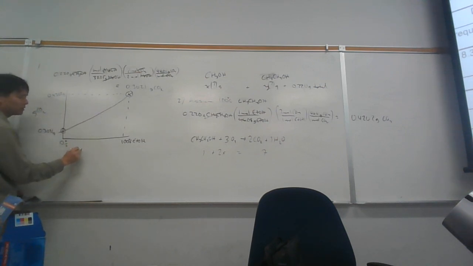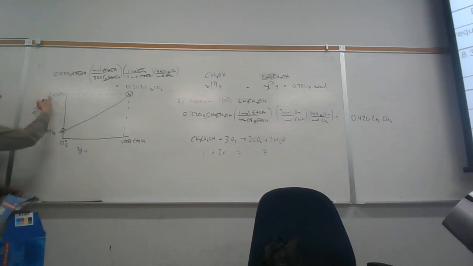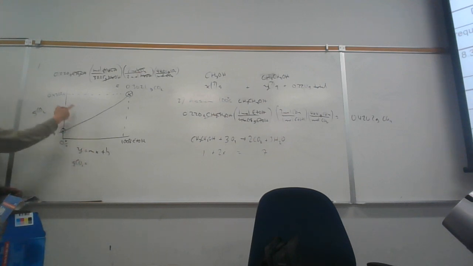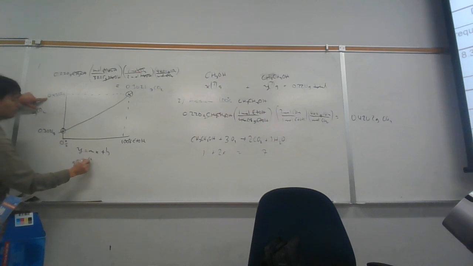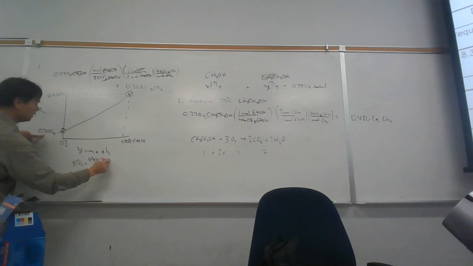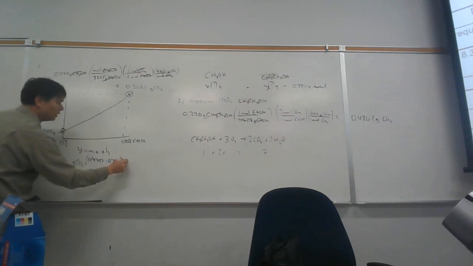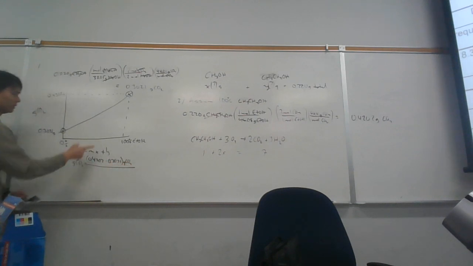And so all I do is y, my grams of CO2, is equal to mx plus b. So grams of CO2 is equal to m, the slope. The slope is going to be delta y, so 0.4202 minus 0.3021 grams of CO2, divided by delta x.